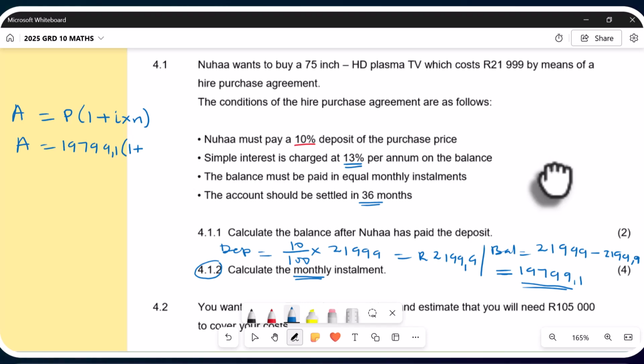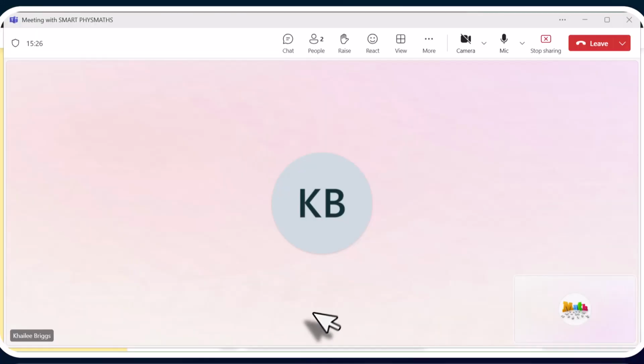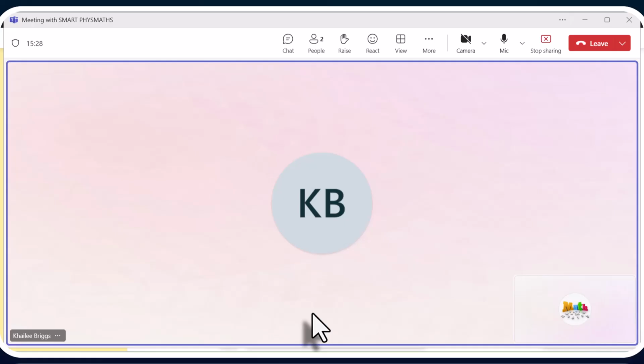Remember, our investment was for the 4 years. That's why we already used it. Otherwise, if we use it, we're going to fail ourselves. Are we together now?